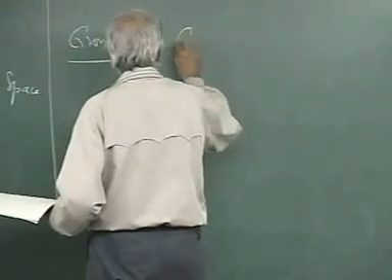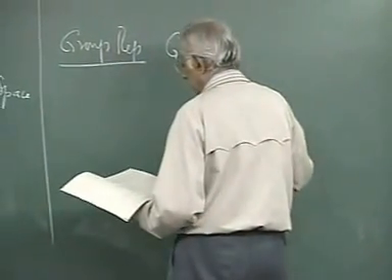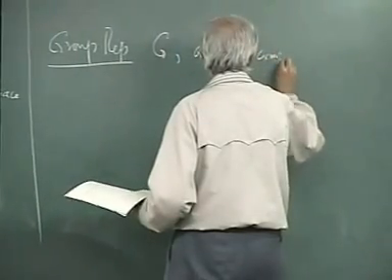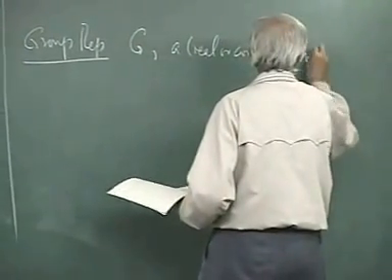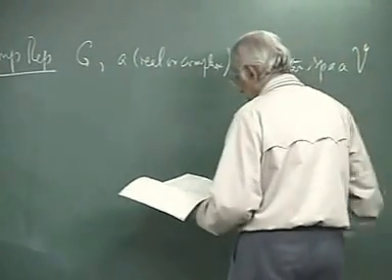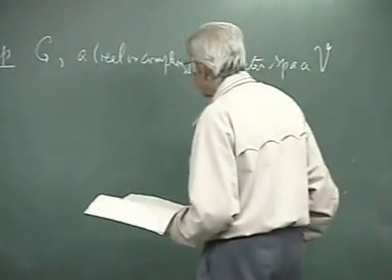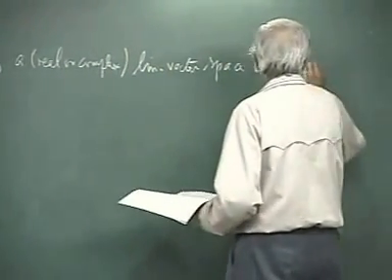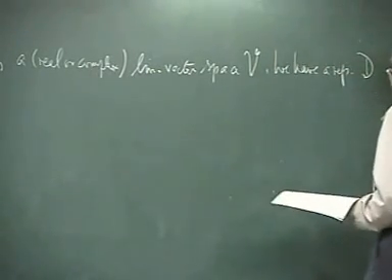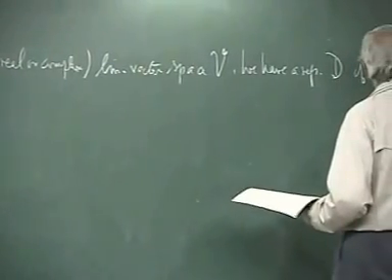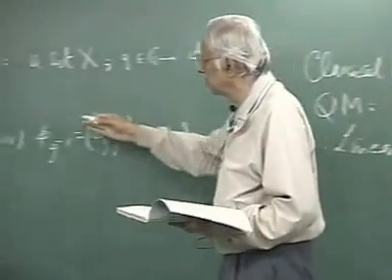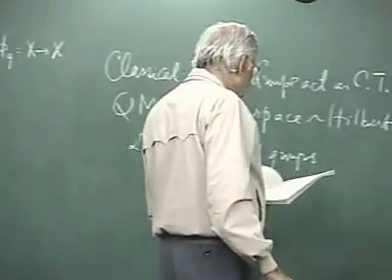Well, you must have a group in your mind or in your hands, and you must have a real or complex linear vector space, which I will denote generically by script V. We say that we have a representation capital D of the group G on V if various conditions are satisfied, which is the replacement for what I have written here. What are the conditions?